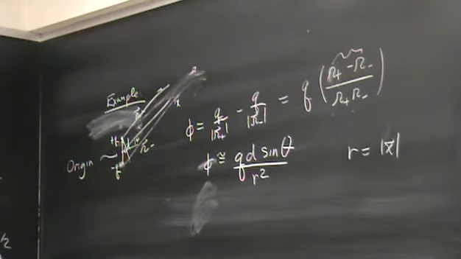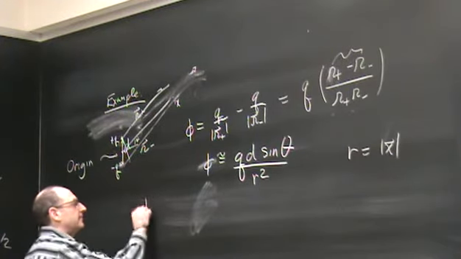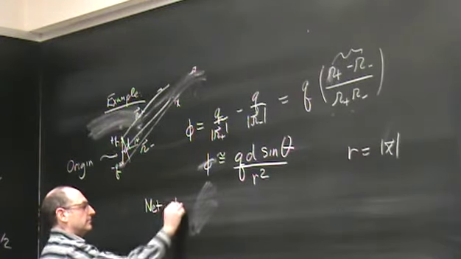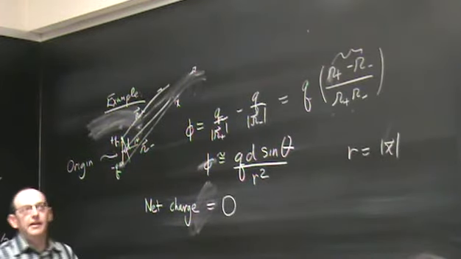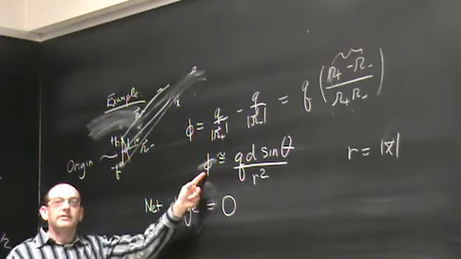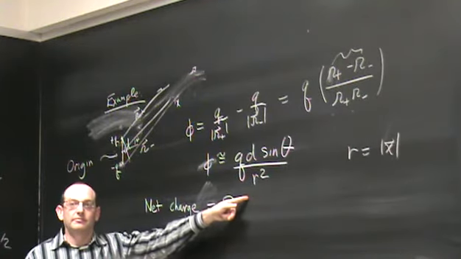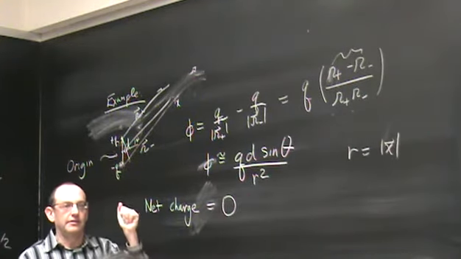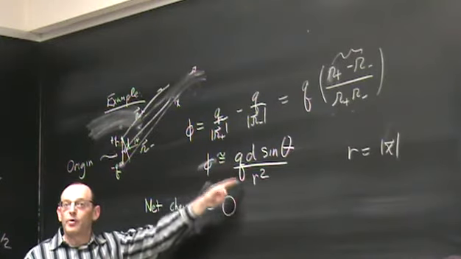Okay? So in this case, when we had no net charge, what we see is that the potential doesn't fall off like 1 over r at large distances. It falls off like 1 over r squared. It falls off more rapidly.